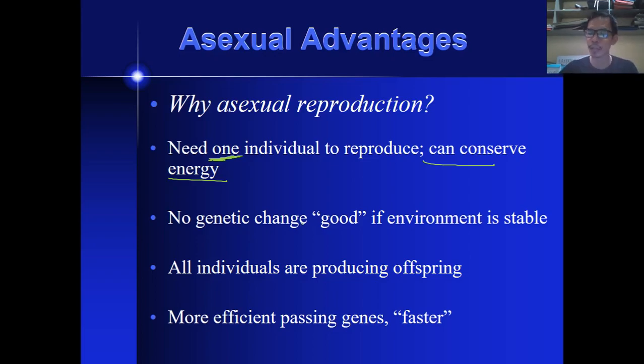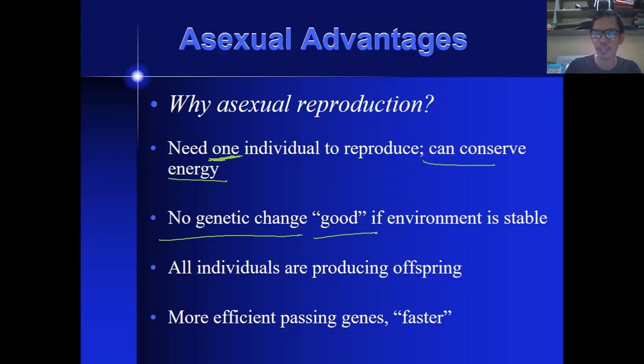Another advantage is that asexual reproduction has no genetic change. This is advantageous if the environment is good. If the environment is advantageous to the organism, then genetic change is not needed.